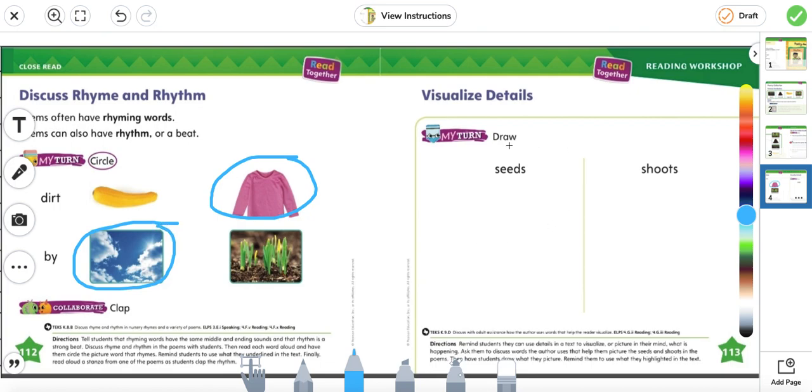Okay, next we're going to go ahead and draw. So here it says seeds. Seeds. I'm going to go ahead and draw an apple. And inside the apple, we have seeds.